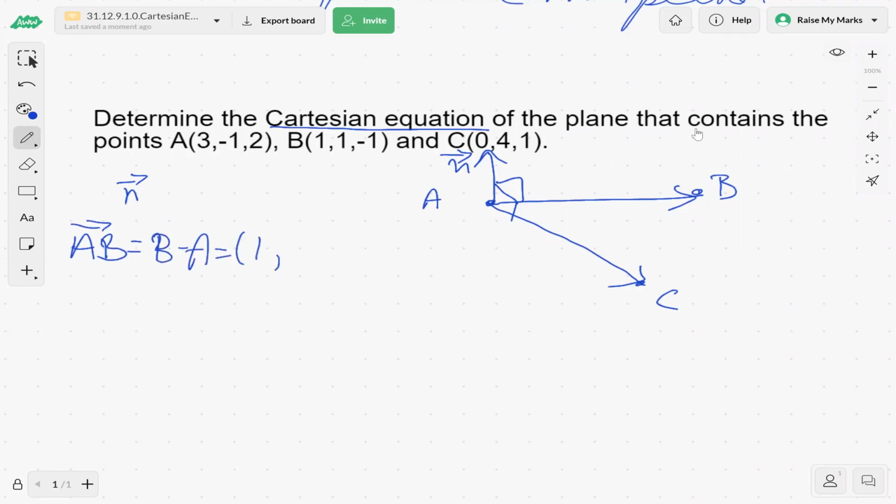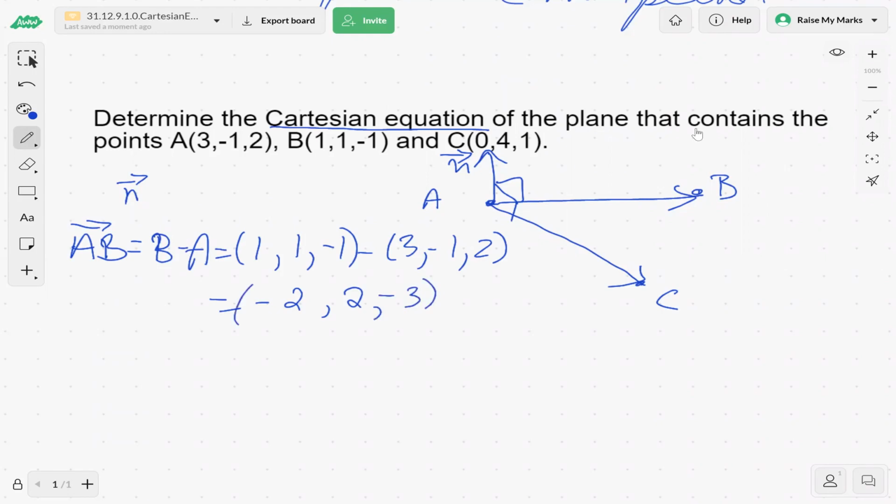B minus A is 1, 1, -1 minus 3, -1, 2. What does that equal? 1 minus 3 is -2. 1 minus -1 is 2. -1 minus 2 is -3.